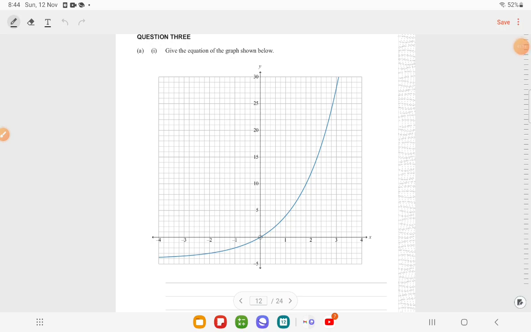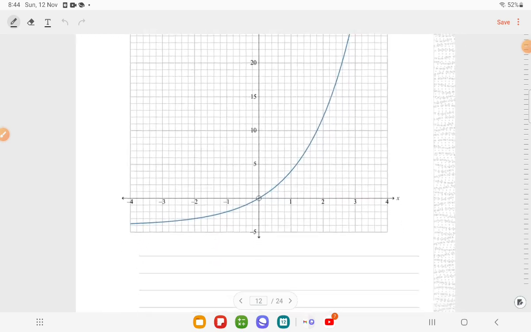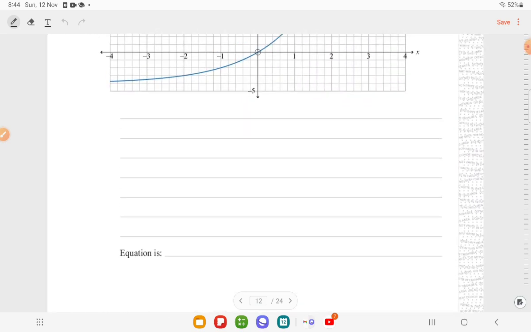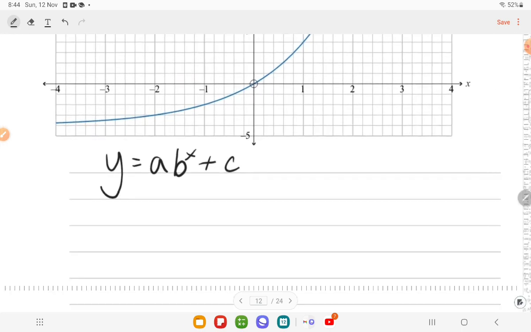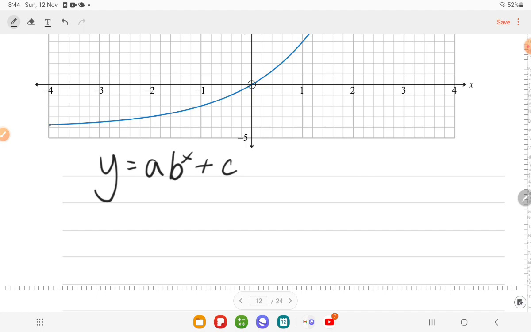Give the equation of the graph shown below. So, the graph here is y equals a times b to the x plus c. We can see that this approaches 0 for -4, so c is equal to -4.